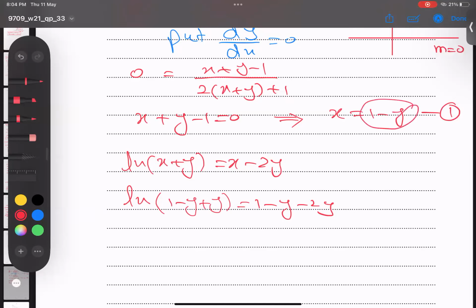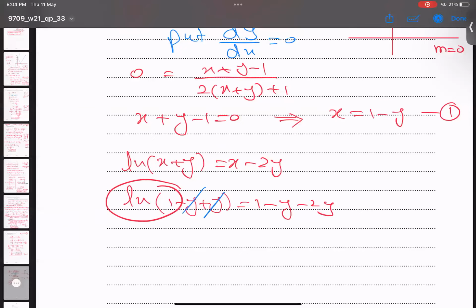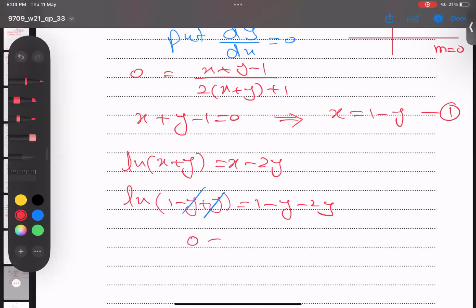I plug in this value in the place of x, and now the y will cancel, and log of 1 is 0. And on the other side I get 1 minus 3y. So 3y goes there, and y is 1 over 3.